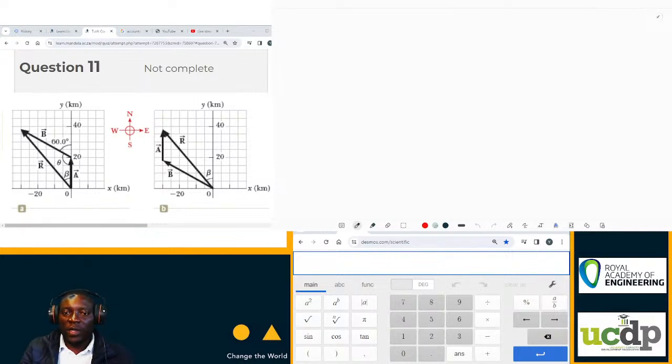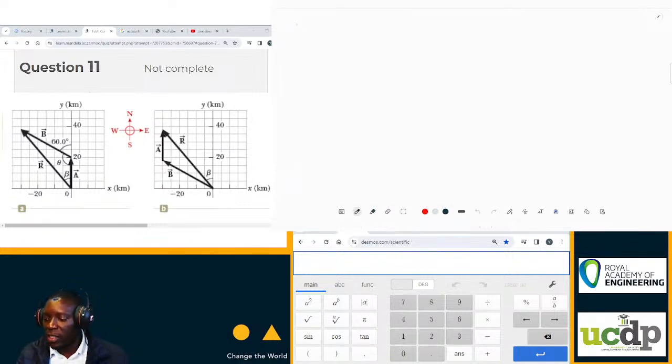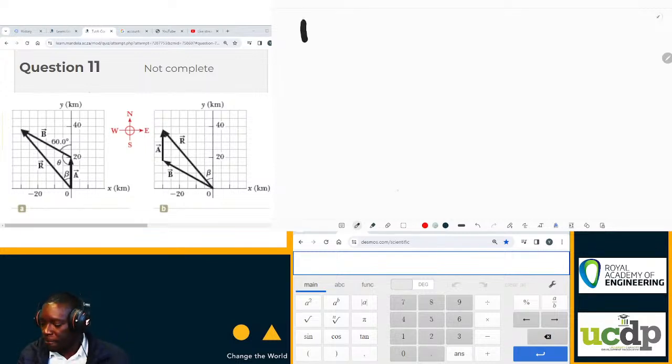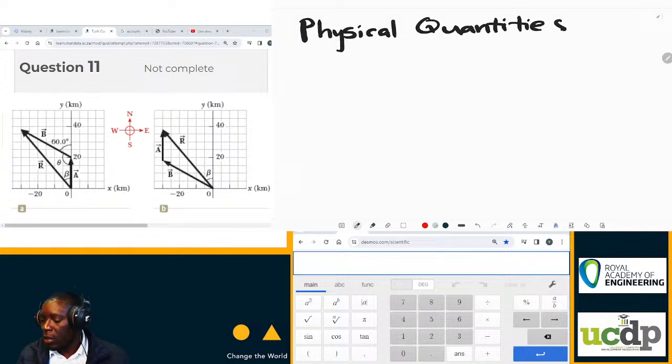The first thing with vectors, we need to understand when we're dealing with vectors, we're looking at the physical quantities that we have said are measurable. So of the physical quantities that we can think of, the first that comes to mind would be length.